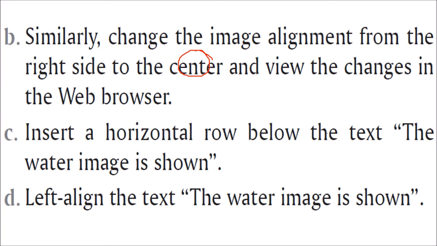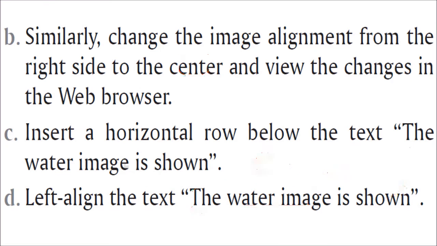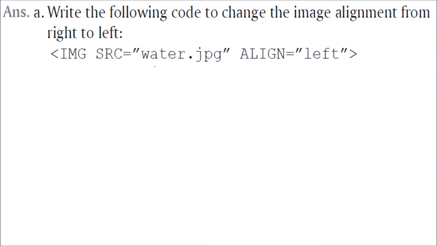Insert a horizontal rule below the text, this one. So after this text, just give HR, one HR. You can give break also. I'm not saying you can replace BR with HR. HR is horizontal rule, then you can give new lines. Left align the text. So just align this as left. I'll show you how. First of all, for the first part, align left.